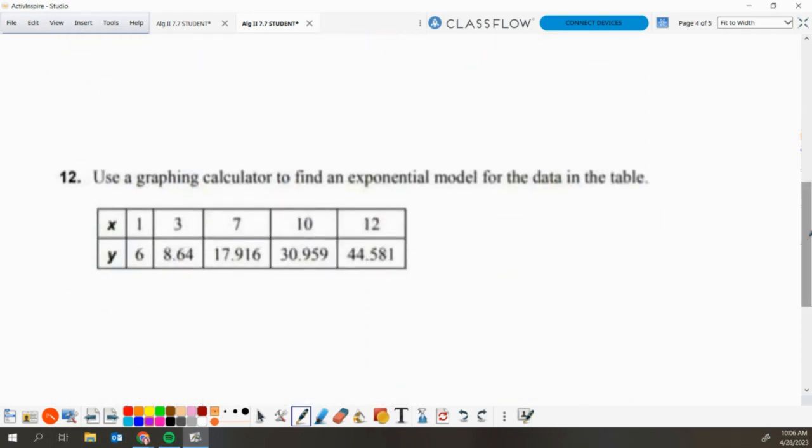Number 12, it says use a graphing calculator to find an exponential model. So it's telling you exponential, model is the regression, and it's just telling you what type of model to use as exponential. Are we feeling comfortable with the calculator steps to the extent that, since we haven't necessarily done an exponential model, you guys are still okay being able to put an exponential model in there? Okay.